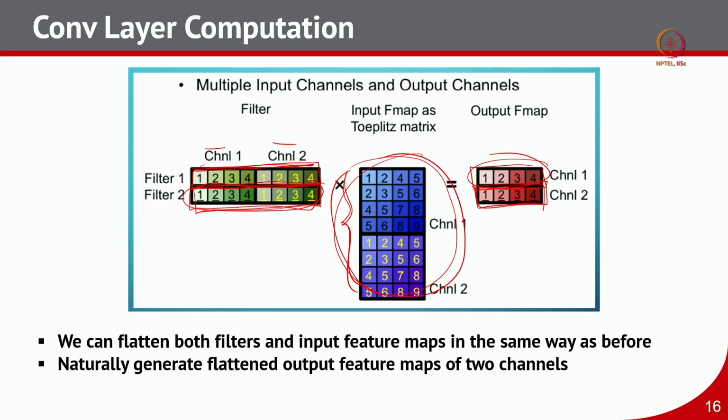That means we can flatten both filters and input feature maps in the same way as before. That will naturally generate the flattened output feature maps of 2 channels, right.